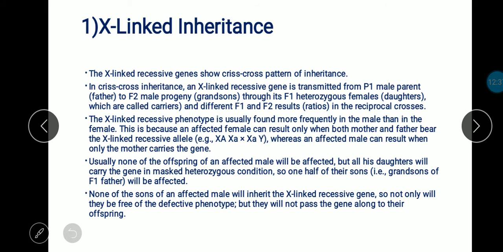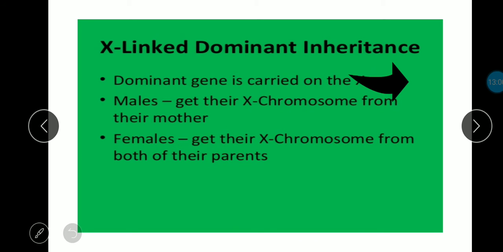So, not only will they be free of the defective phenotype, but they will not pass the gene along to their offspring. This is the crisscross inheritance. It can be understood with the help of the next diagram.